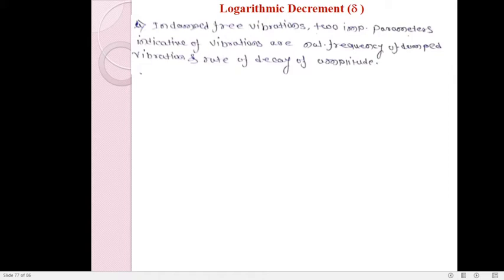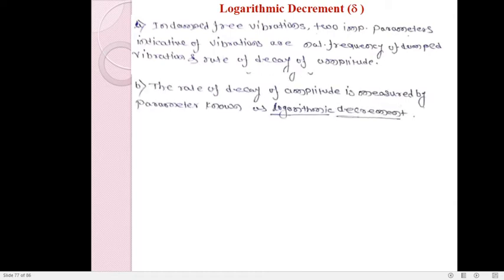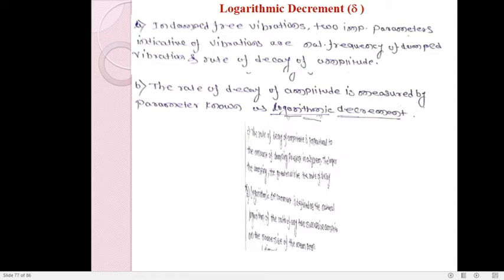In damped free vibrations, two important parameters indicative of vibrations are the natural frequency of damped vibration, that is omega d, which we discussed in lecture number 18, and the rate of decay of amplitude. The rate of decay of amplitude is measured by one parameter known as logarithmic decrement.